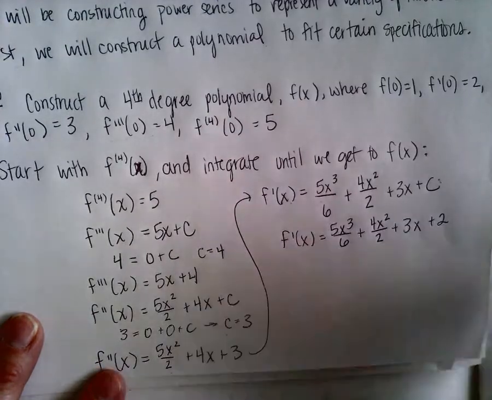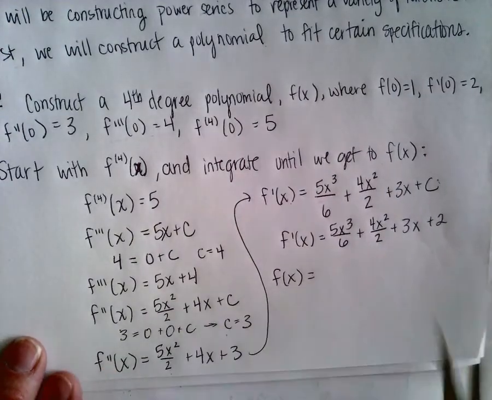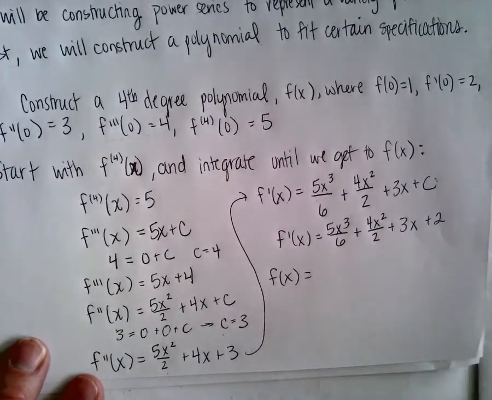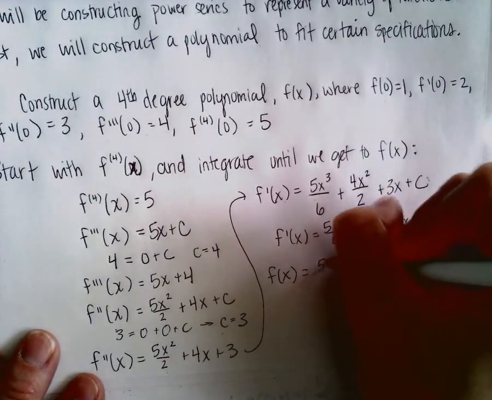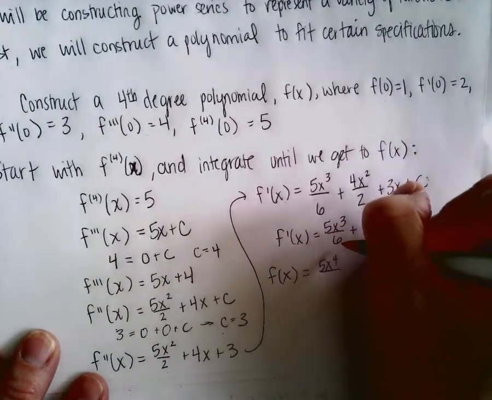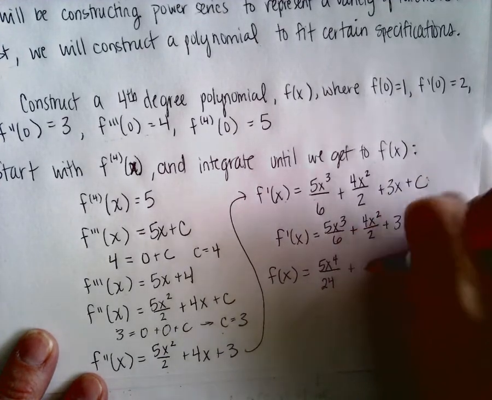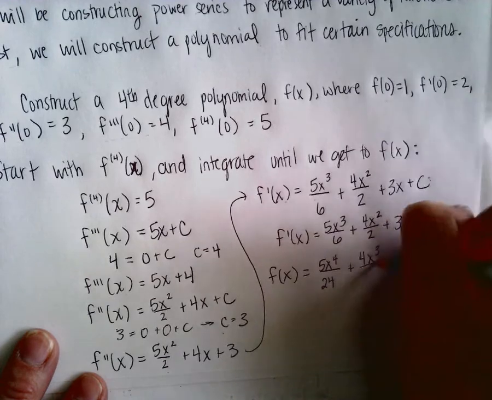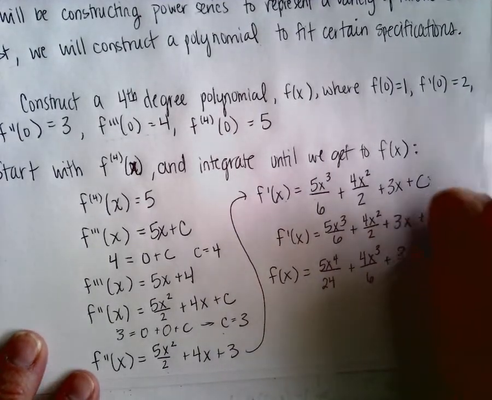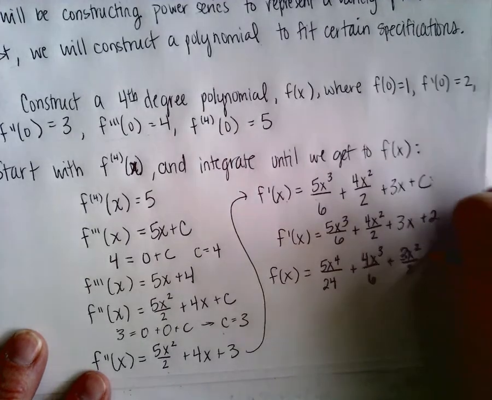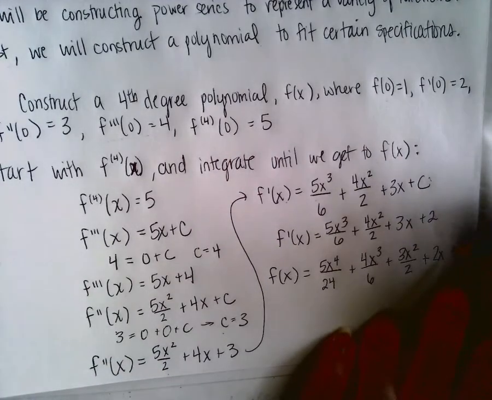And finally, we're going to get to f of x. I'm not reducing it because I want us to be able to see some patterns here in a minute. So integrate one more time. 5x to the 4th over, and then we do 6 times 4, right? So it'll be 24, plus 4x cubed over 2 times 3, so 6, plus 3x squared over 2, plus 2x plus c.